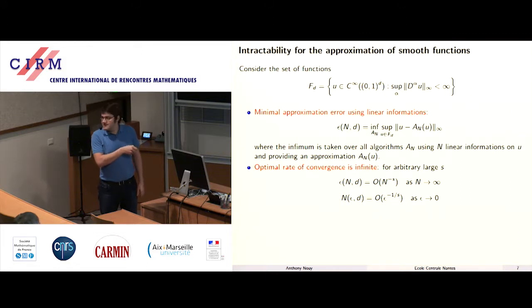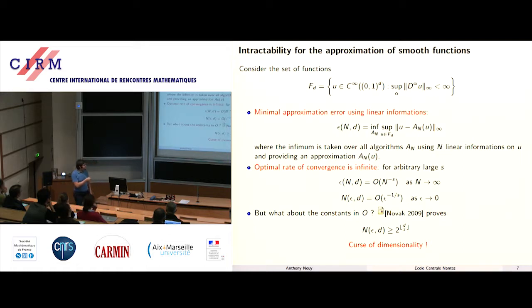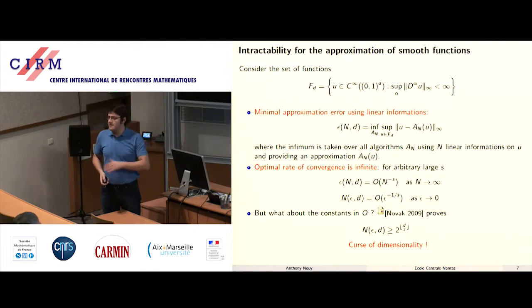But in fact, there is something hidden in the constant, and it was not studied in the literature before this paper from 2009. When you look at the constant, you realize that the number of pieces of information you need to achieve a precision epsilon grows exponentially with the dimension, even for this set of functions. So the conclusion here is that smoothness, or more precisely isotropic smoothness, cannot help in approximating high-dimensional functions.